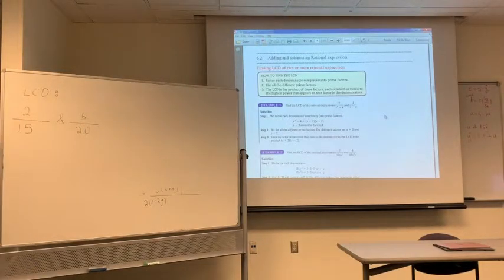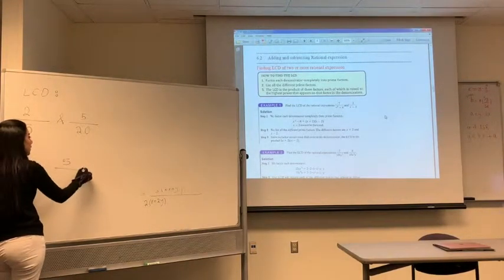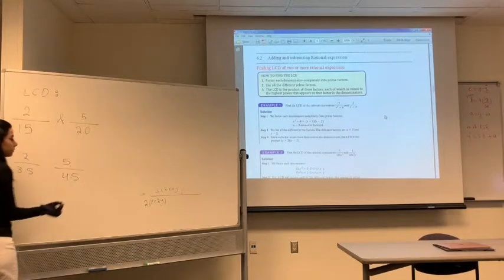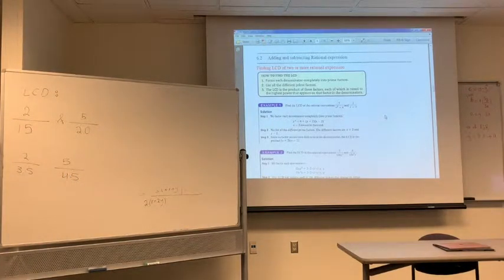So now, the first step is to break down these denominators to the lowest factors, down to the prime numbers. So 15 is 3 multiplied by 5. Correct? Then 20 is 4 multiplied by 5, right?